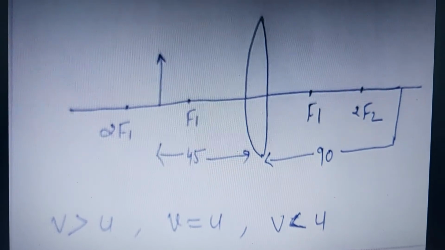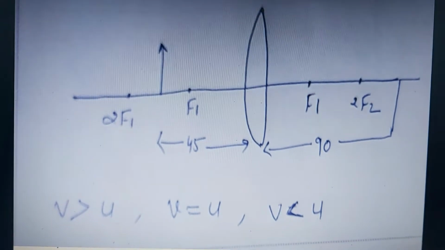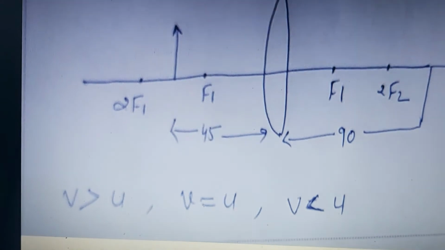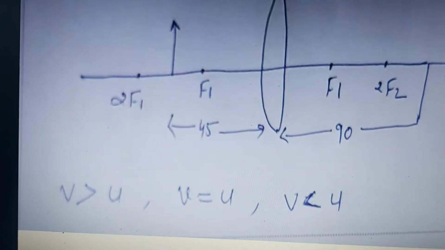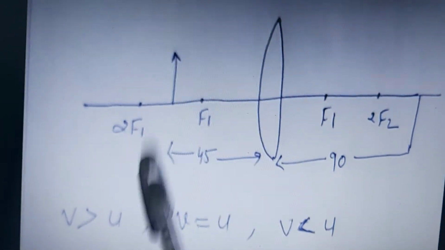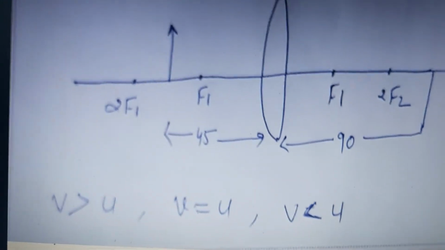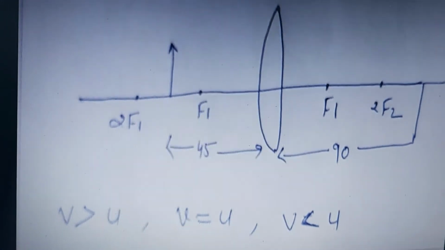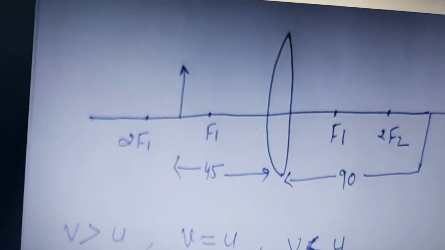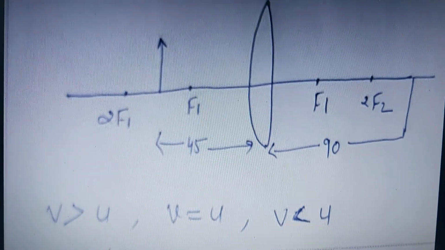So the value of focal length should be lesser than u, because the object is kept between f1 and 2f1. So f1 should be lesser than u. Hence we get 30 centimeter, which is lesser than 45, so the answer is plus 30 centimeter, and it is a convex lens. So that is the answer.